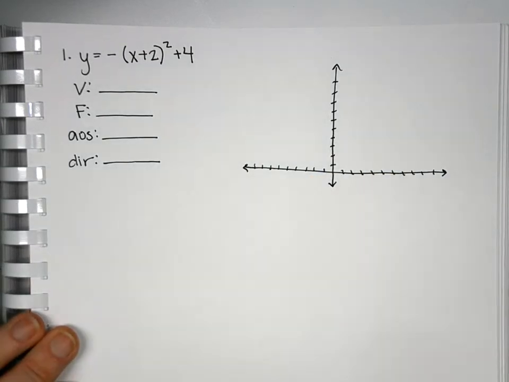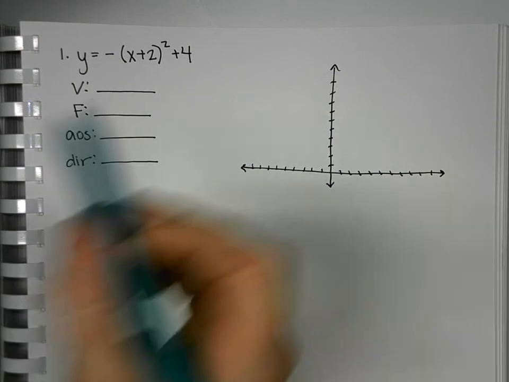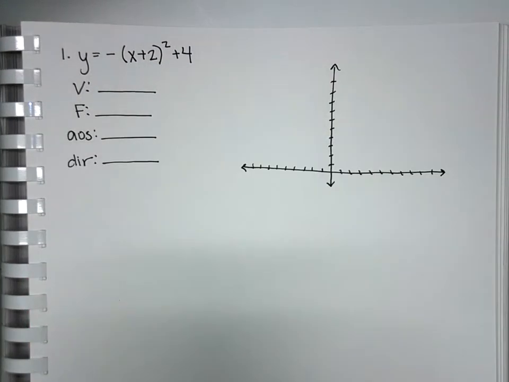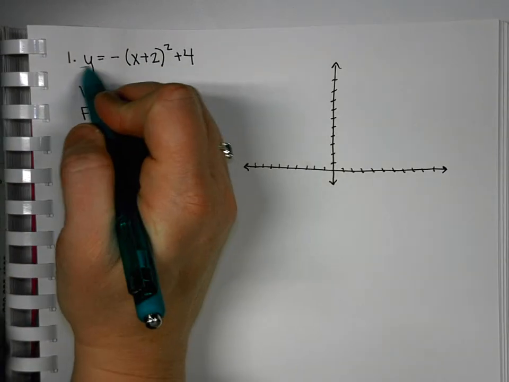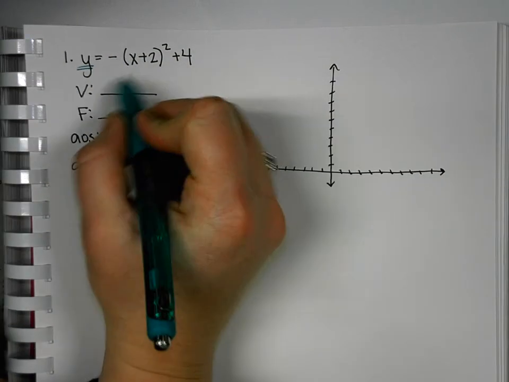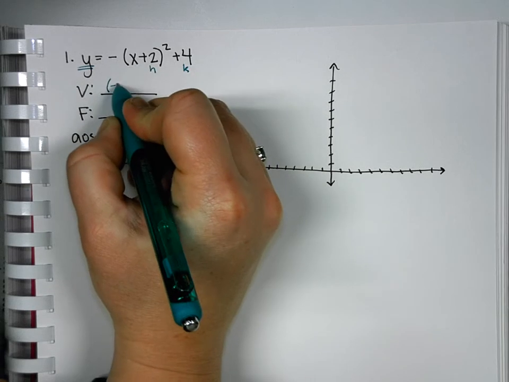Okay, so because it's in descriptive form, we can quickly read our vertex from the equation, but we have to know if it's vertical or horizontal to know which one's H and which one's K. So because it's y equals, we know that it's vertical. So that means this is H, this is K. So it'll be negative 2, 4.